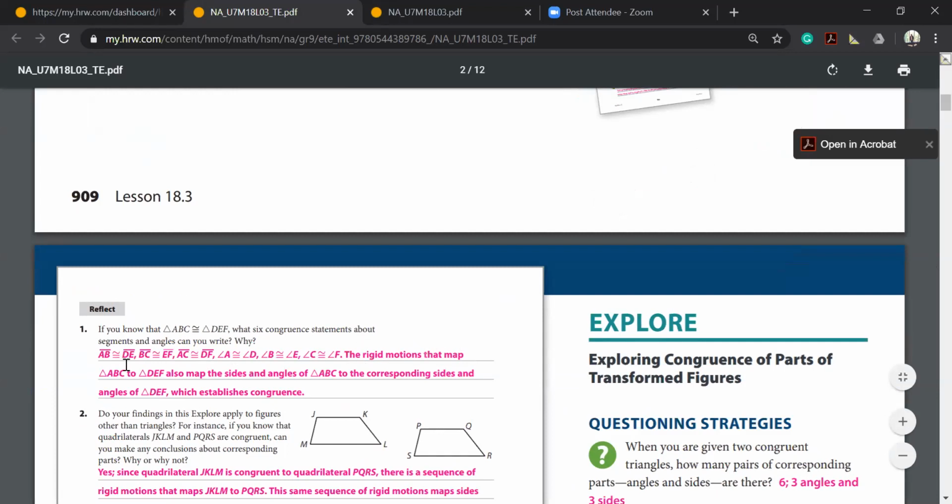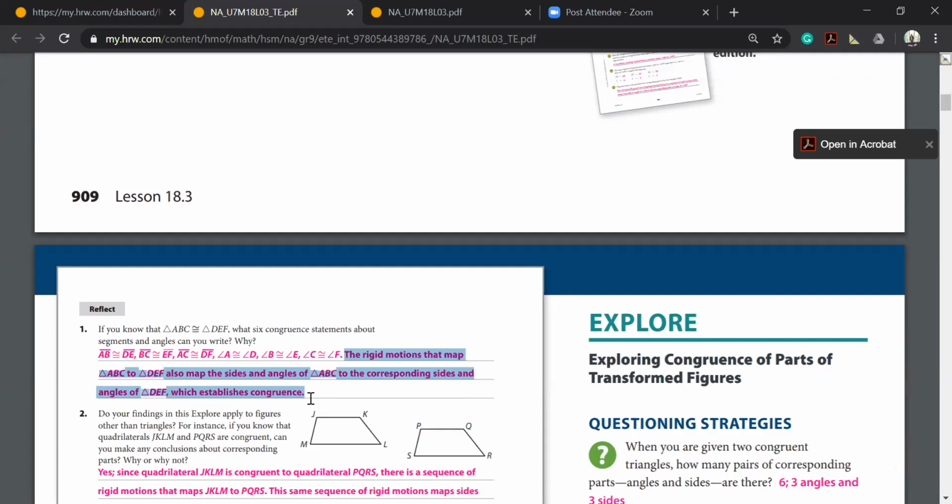Because the rigid motions that map the triangle also map the sides, which means that corresponding sides and angles are congruent. By the way, instead of all these sentences, you can just write that corresponding parts of congruent figures are congruent. You don't need to write all of this. Just write corresponding parts of congruent figures are congruent. Okay?